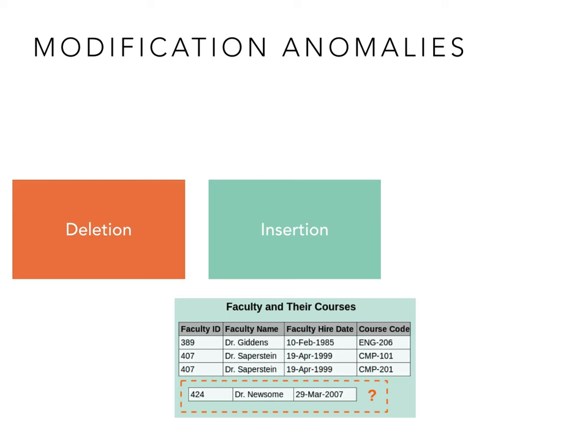So let's say we've hired this new guy, Dr. Newsom, and we're adding his record to the database that he is a new employee here, but we haven't given him any courses yet. So what goes in that last column? I mean, nothing can. So we have some weirdnesses there.